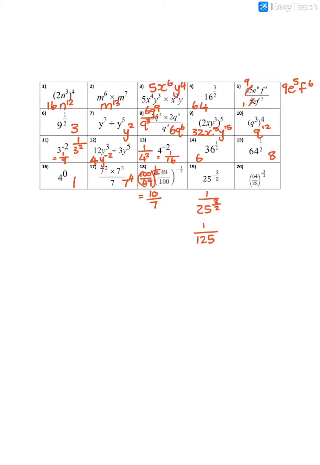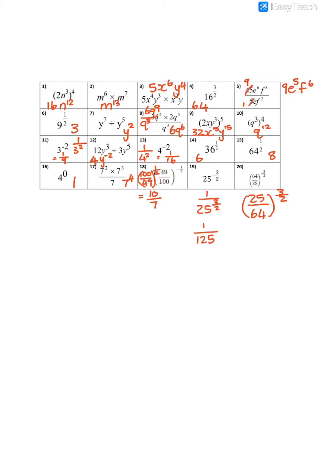Number 20. To get rid of the negative power, we write this as 25 over 64 to the power of 2/3. Swap the fraction. And the bottom number is the root. Hang on a minute, made a mistake there. So you swap the fraction, and that's positive 3 over 2.